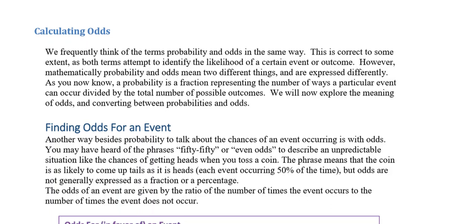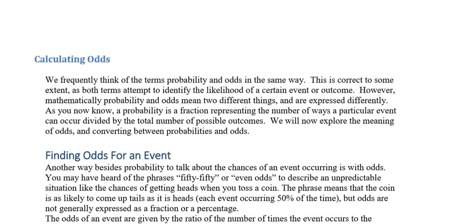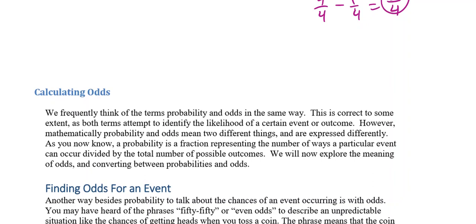Okay, calculating odds. All right, so in the last lesson we talked about probability, right? The probability of something happening, to give you an example, let's say the probability of rolling a 5 or 6 on a die. What would that be?